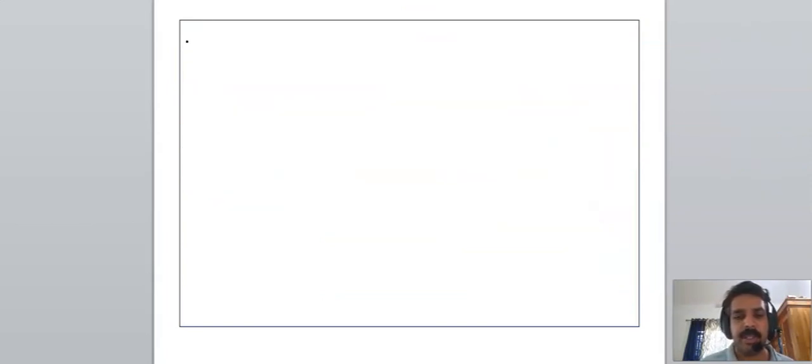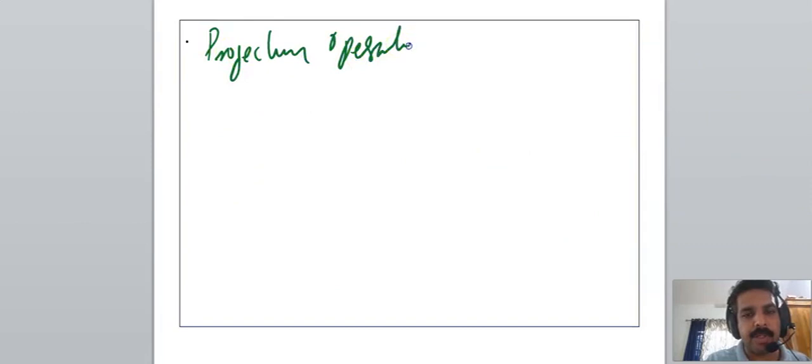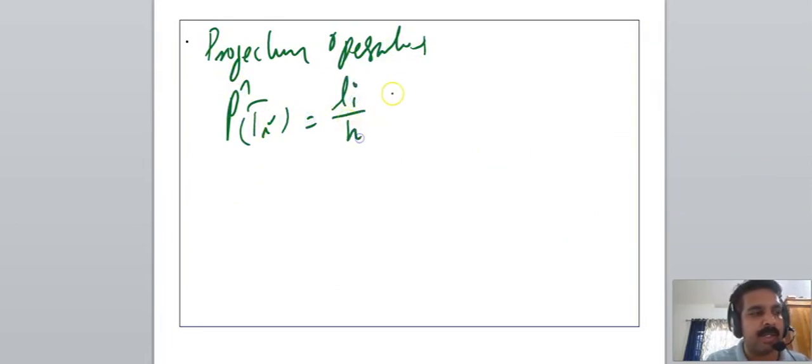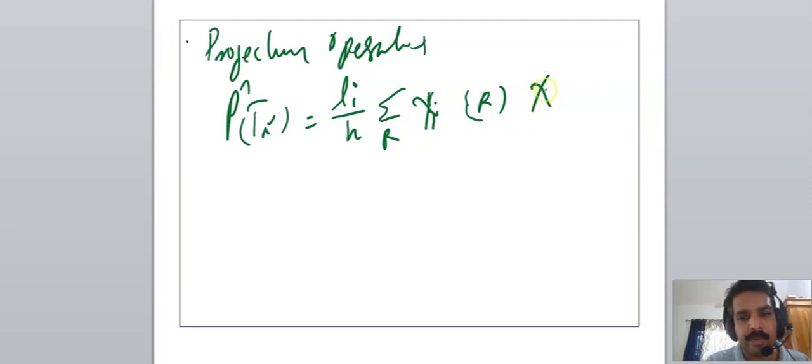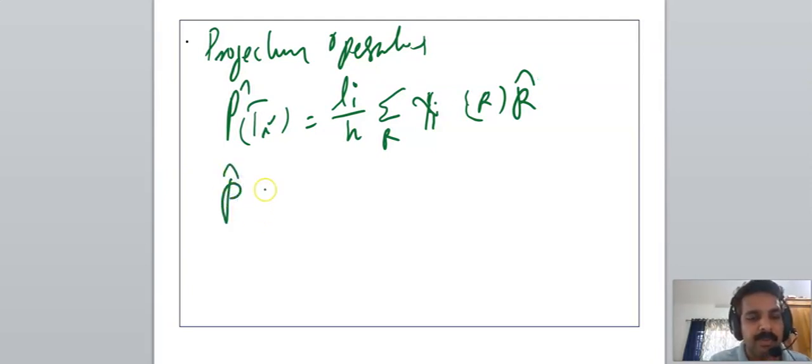You know the projection operator. P cap gamma i is equal to l i divided by h, sum over R of chi i(R) into R cap. From the character table of the Td point group, we have to find the P cap of these symmetries.